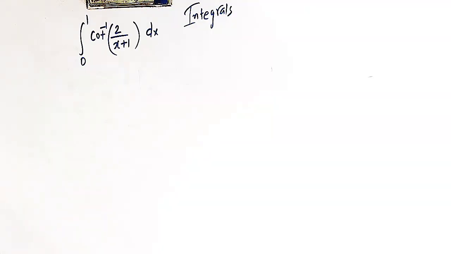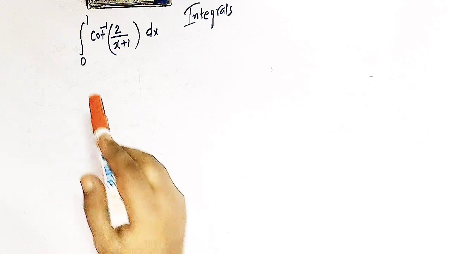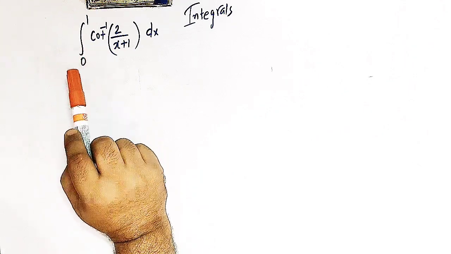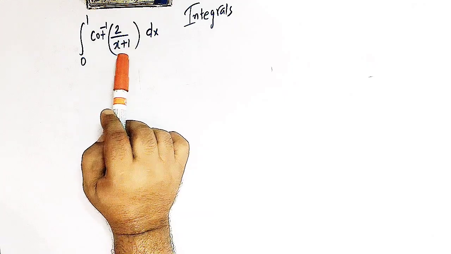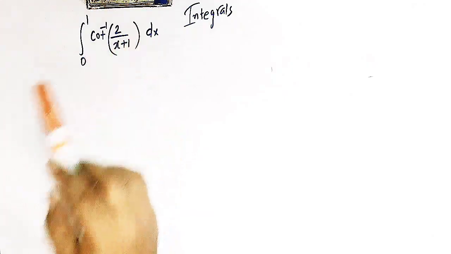Hello viewers, in today's session we are going to discuss another important problem from integrals, right? So here in this class, we are going to evaluate this integral, that is from 0 to 1 cot inverse 2 over x plus 1 dx, right?